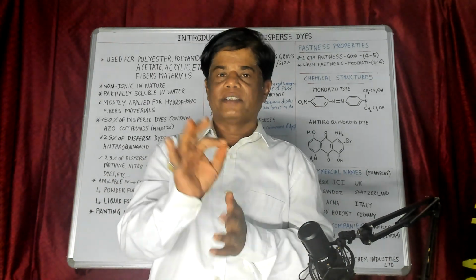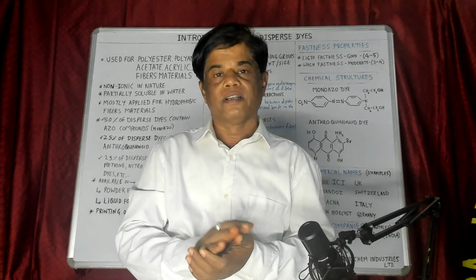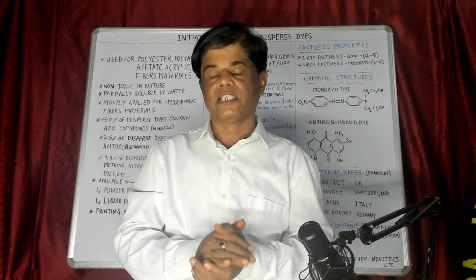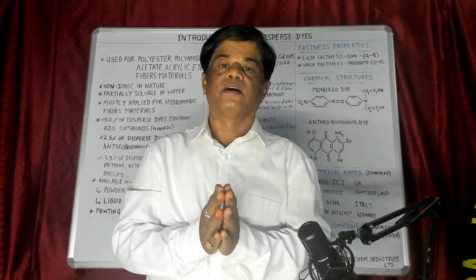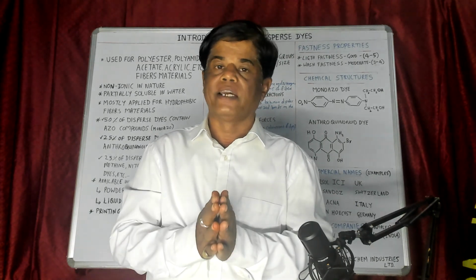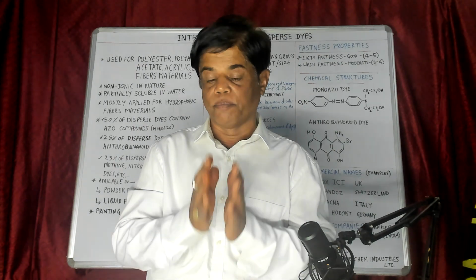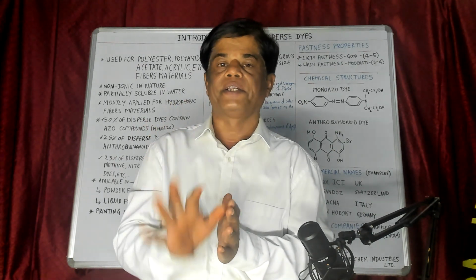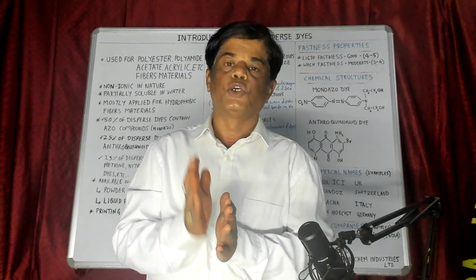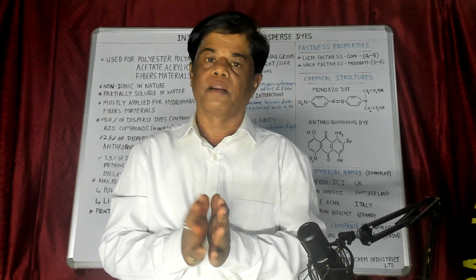Now see friends, disperse dyes are not one or two types. Many types of dyes are there, meaning the chemical content of the disperse dyes is varied and the chemical groups are many.